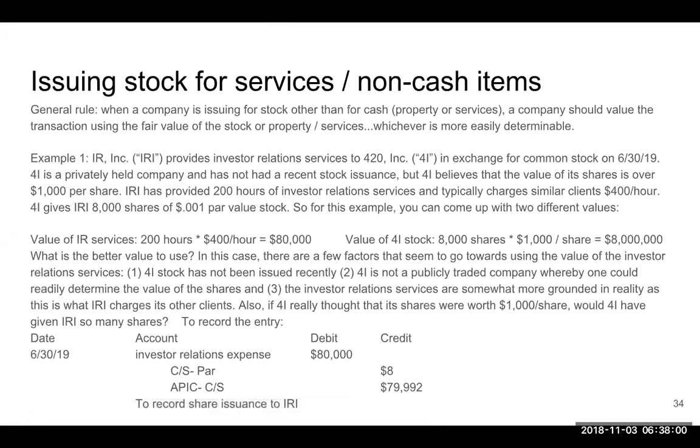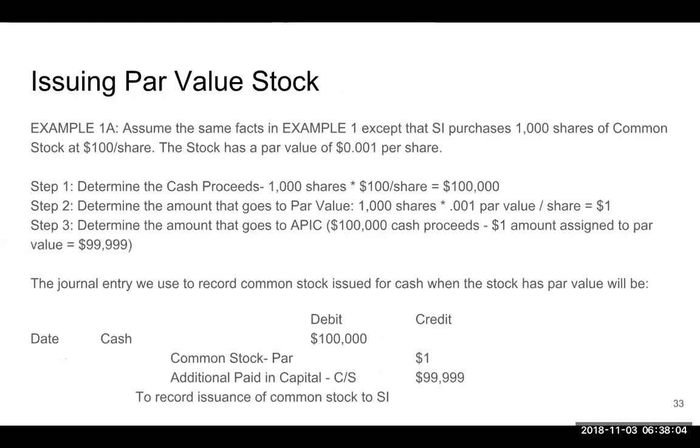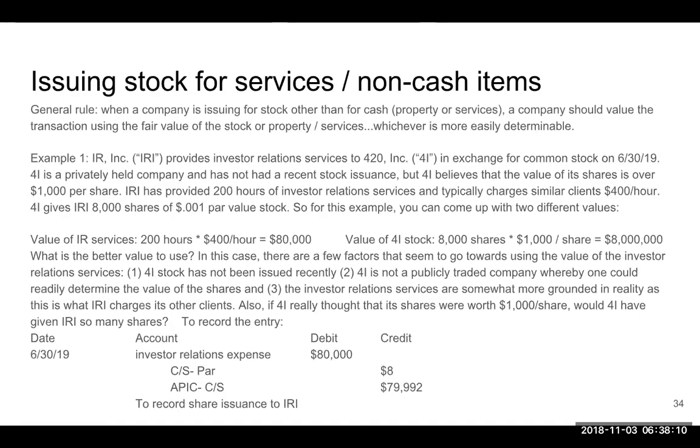One of the other things that can also happen: the previous example involved getting cash, and cash is very easy to determine. Cash is cash. But what happens when we're receiving services, or maybe we get a patent, or we get some land? What do we do?